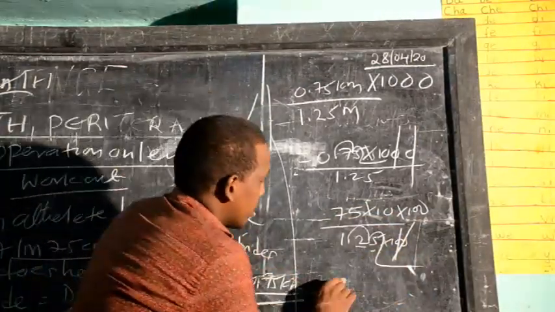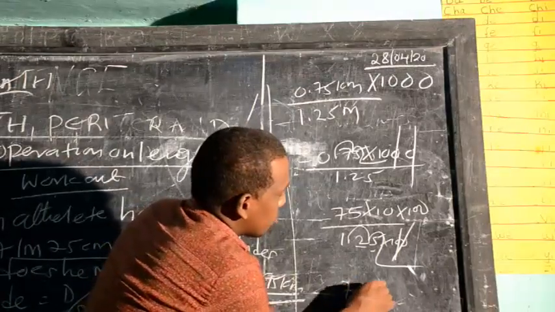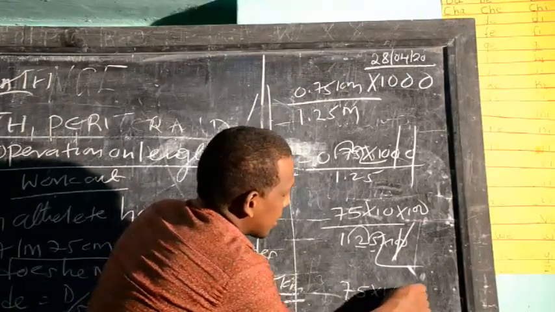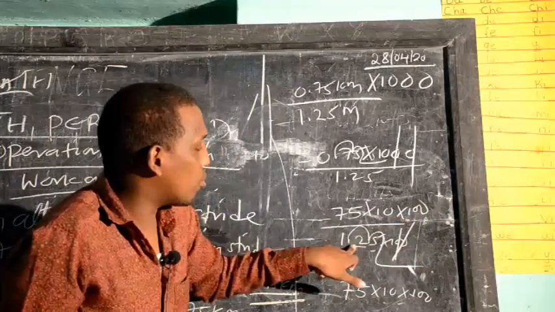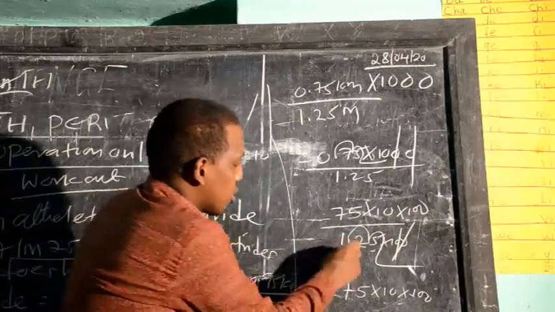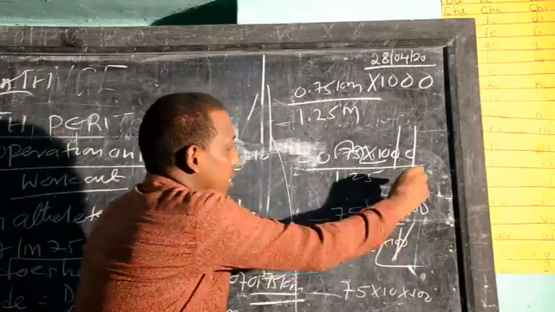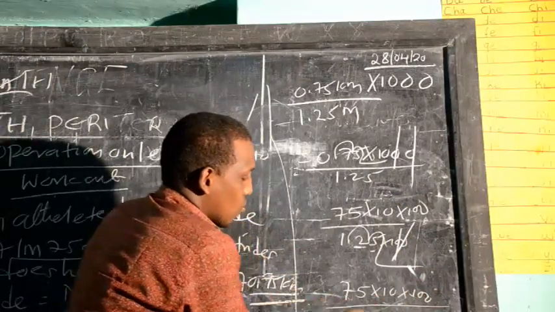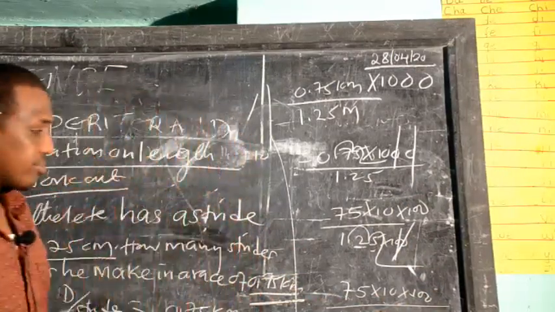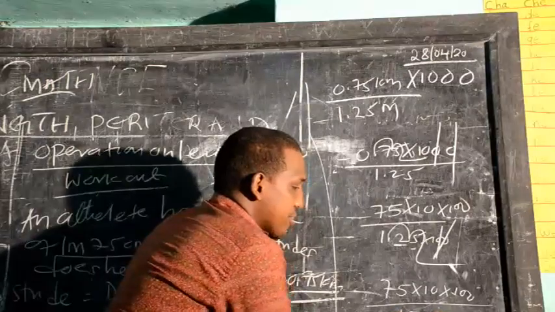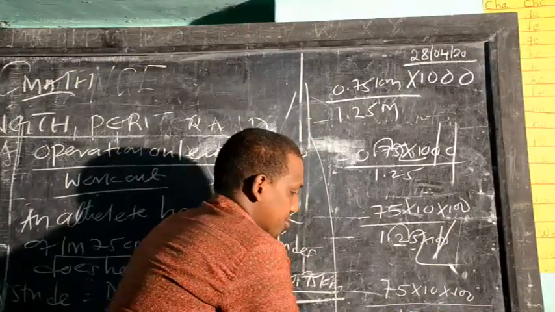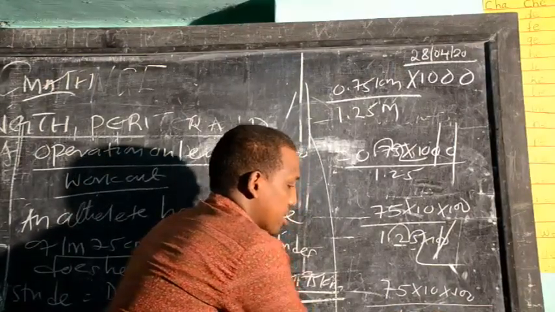So what is remaining now is 75 times 10 times 100. 100 is from where? We removed this decimal. They were 2, so we multiply both sides times 100, times 100 over 125. Let us divide by 5. By 5 is 25.